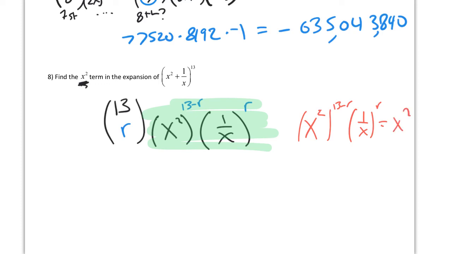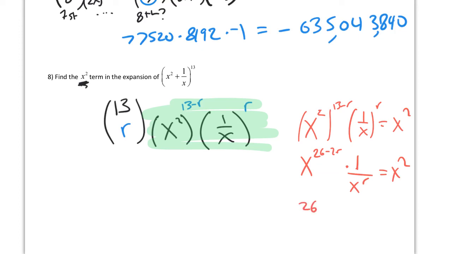And we can just go through and do a little bit of algebra here. This is going to be x to the 26 minus 2r times 1 over x to the r equals x squared. And I subtract those exponents because I'm dividing.